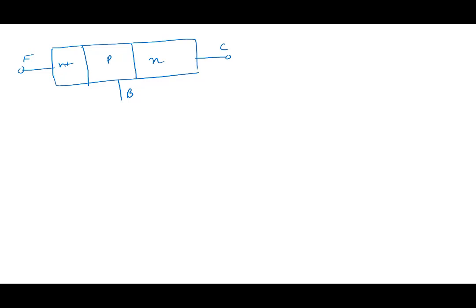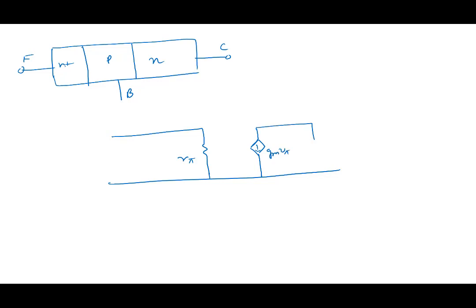And the model that we have drawn, small signal model, is R pi, gm v pi, R naught. Now we are talking about forward active.